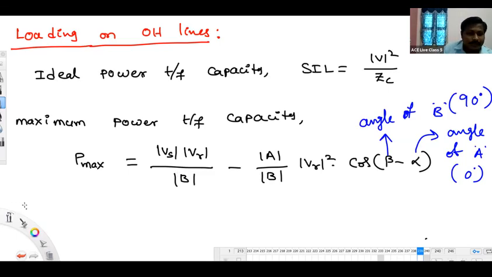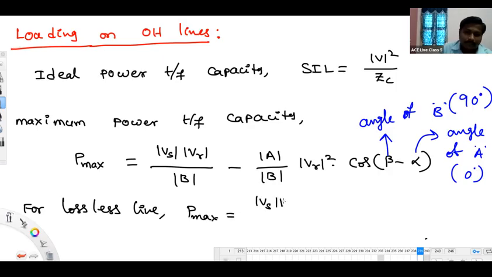So for a lossless line, you can get the maximum power transfer capacity as mod Vs into mod Vr by mod B. What is the B formula for a lossless line?